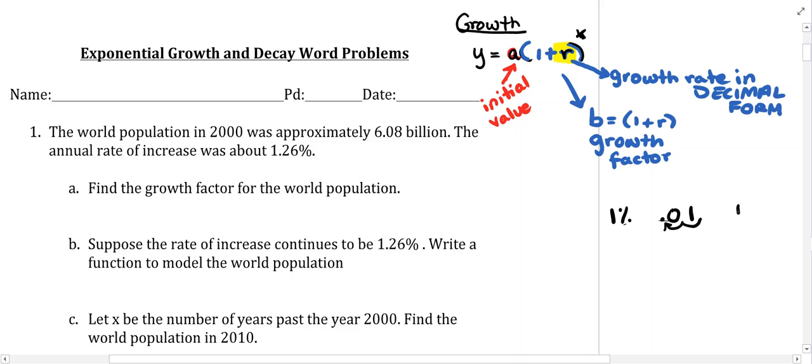Another thing to do is just do 1 divided by 100 in the calculator, and it'll give you the 0.01, okay? That's the decimal form. Something like 8% would then be 0.08. Something like 14%, you have 14 and you move the decimal twice, that's where you get 0.14.